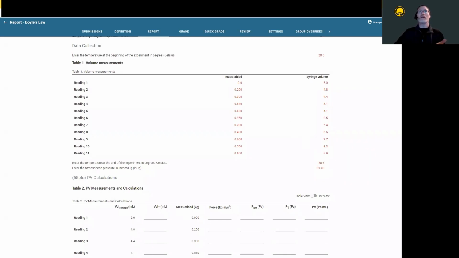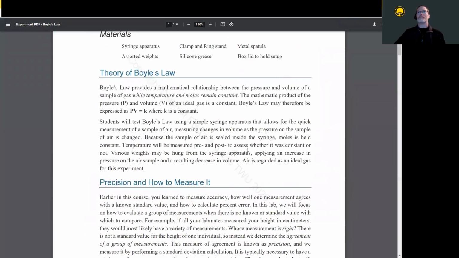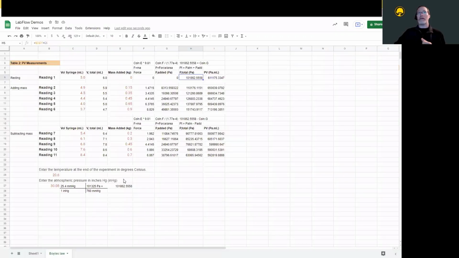You could use the conversions that are way up at the top of this thing, right here, to convert inches of mercury to millimeters of mercury, and then to convert that millimeters of mercury to pascals, right? And that's what I wrote on my Google Sheet here, 30.08 times, that's inches, times 25.4 millimeters of mercury per inch. Those cancel. Millimeters converted here to pascals, and I get 101,862 and change.